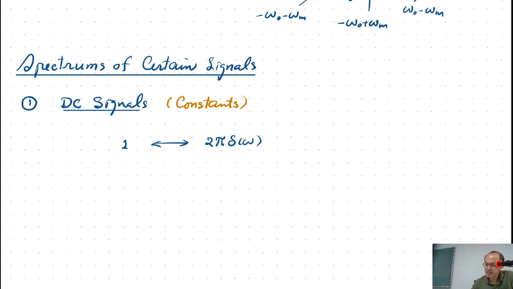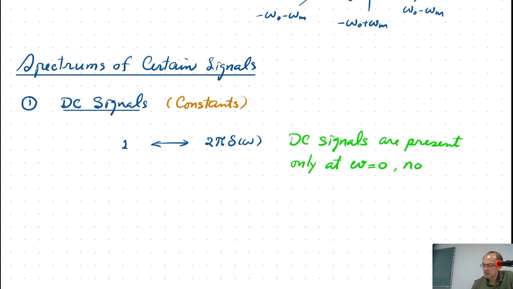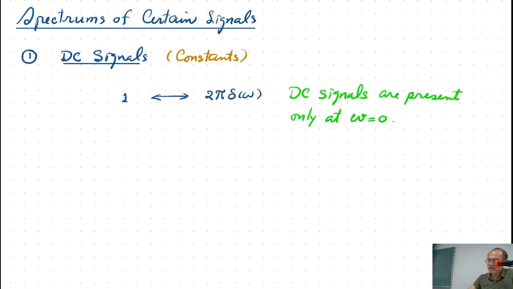So this means that DC signals only have presence at 0 hertz; you cannot find the presence of DC signals in other frequencies.